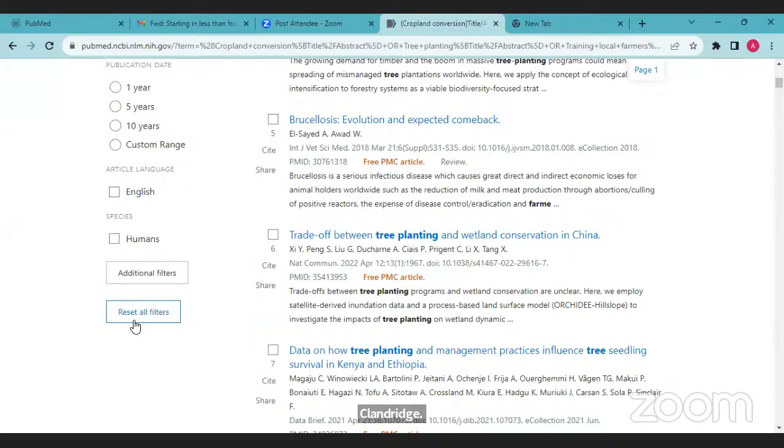They will reduce, but that is language bias. Very soon, Dr. Kara is coming. She's going to talk about all those very many biases: language bias, attrition bias, publication bias. So in systematic reviews, we are trying to minimize those biases.